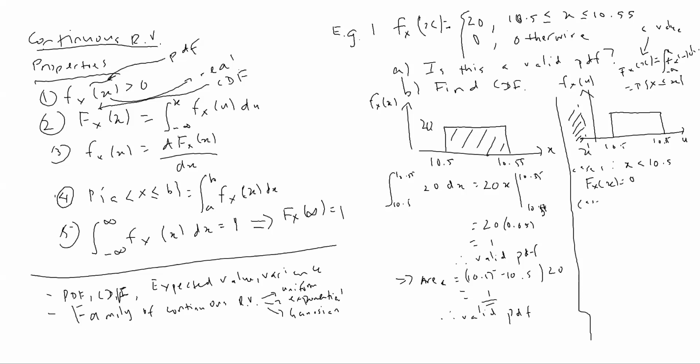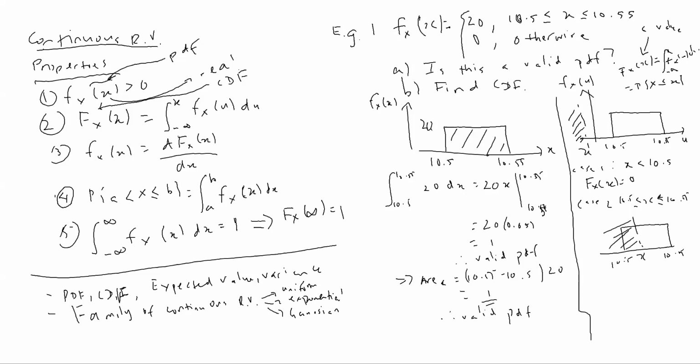Case 2, my X can be between 10.5 and 10.55. In this case my X can be anything here. So the region less than X is this here.